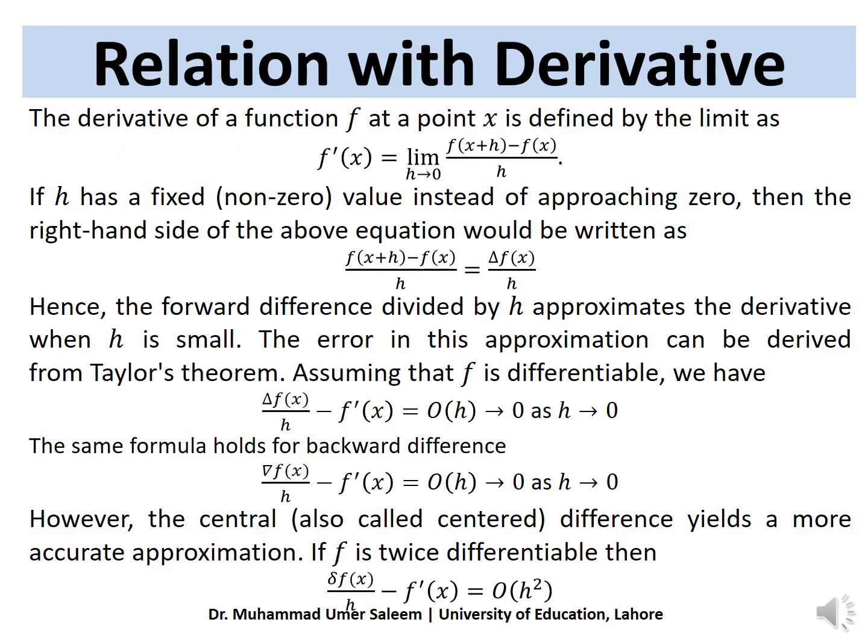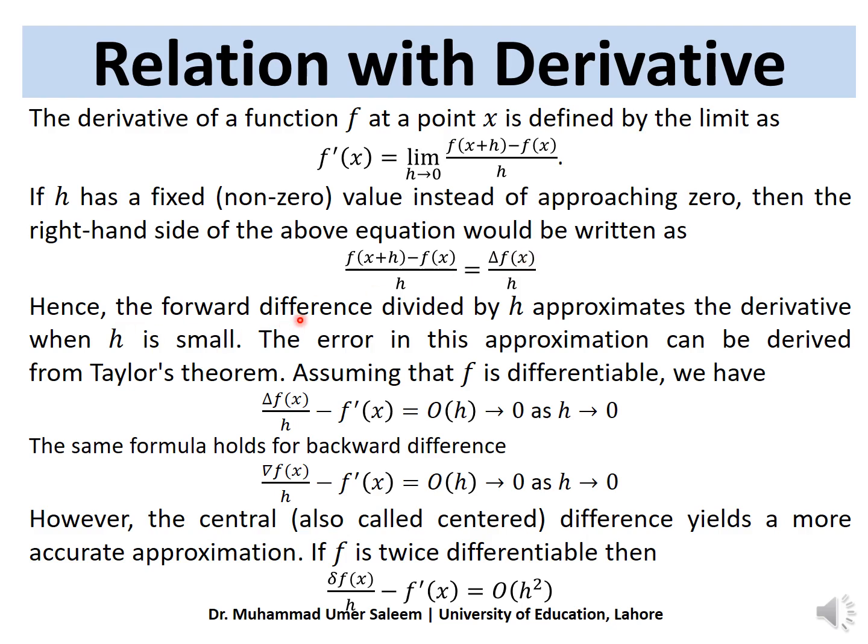So now next is the relationship of differences with the derivative. The derivative of function f at a point x is defined as, in the definition of derivative, you know, f dash of x is limit h approaches to 0 f of x plus h minus f of x over h. If h has a fixed non-zero value instead of approaching 0, then the right hand side of the above equation can be written as, if you remove that limit, then f of x plus h minus f of x over h will be equal to, look at this part, this is equal to del f of x.